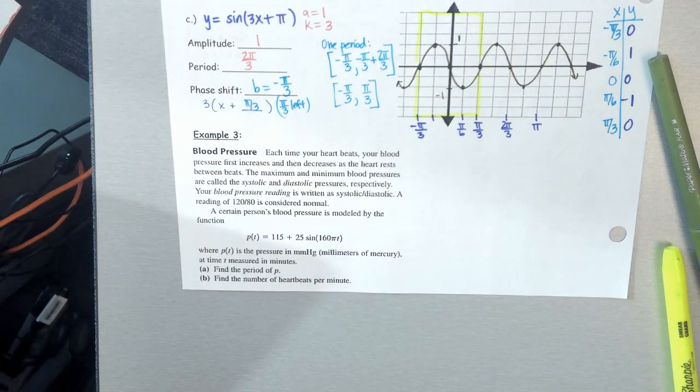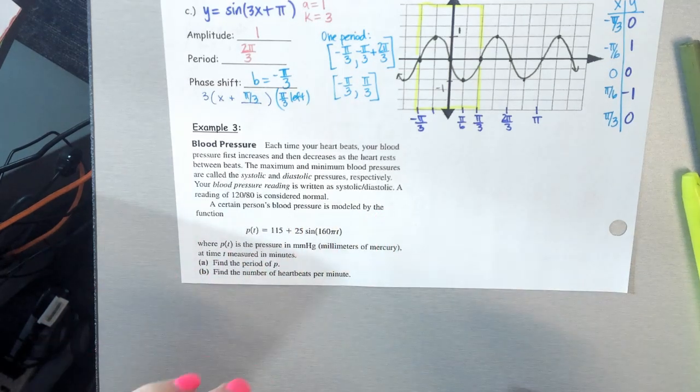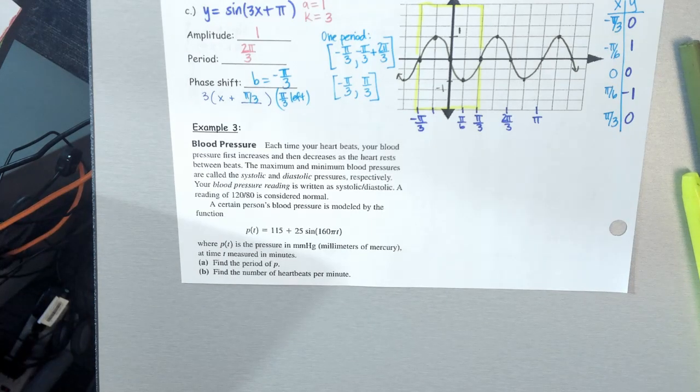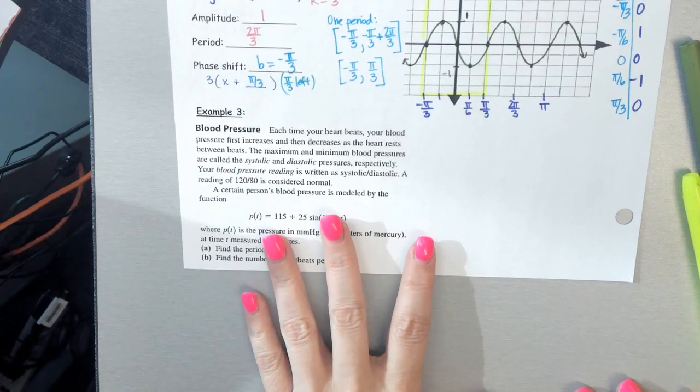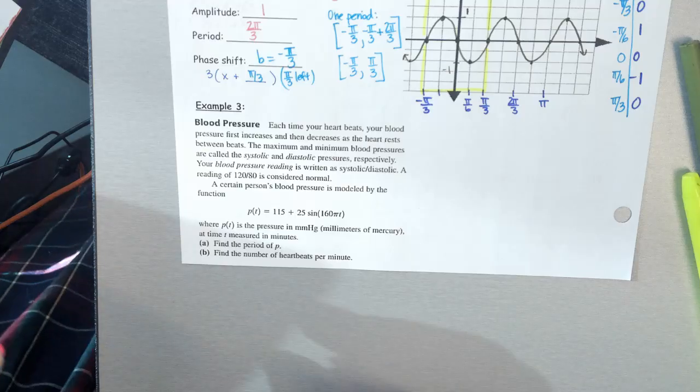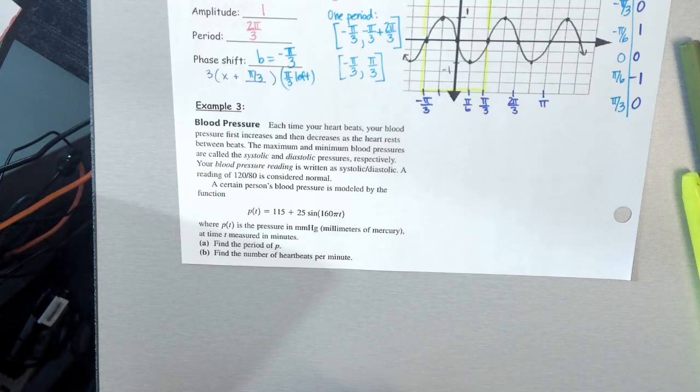All right, so one of the questions I got on the exit slips was, how can we apply these to some real world situations? So we're going to talk about one today, and then there'll be a few more in chapter 5. Okay, so this one's about blood pressure. Each time your heart beats, your blood pressure increases and then decreases as the heart rests in between those beats.